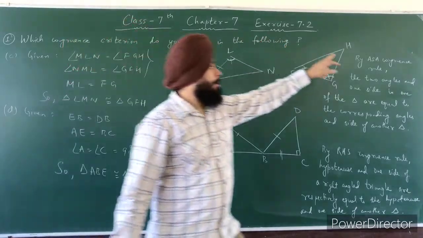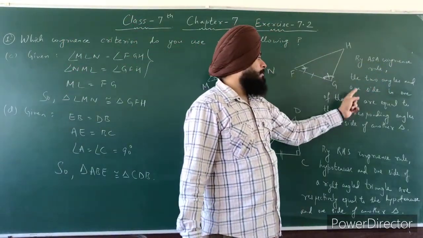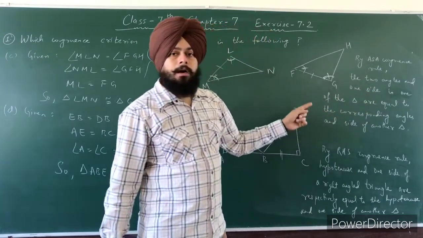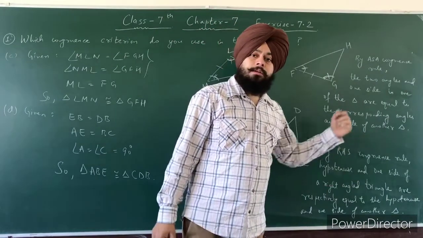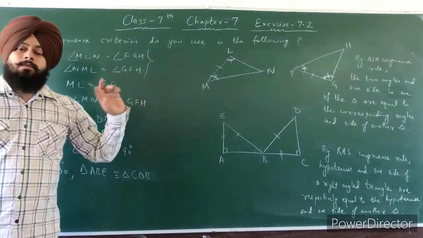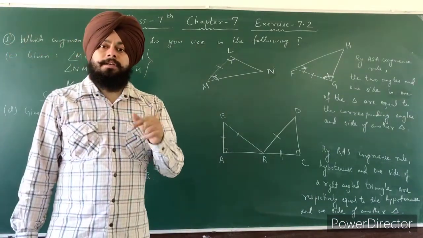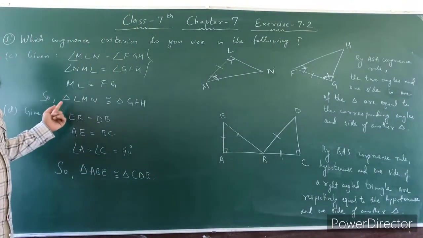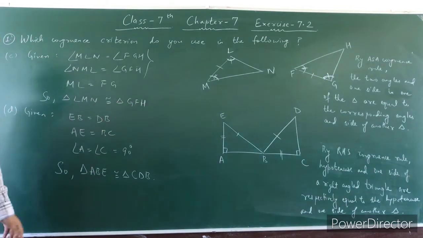So by ASA congruence rule, the two angles and the side in one of the triangles are equal to the corresponding angles and side of the another triangle. Alright. So there are two angles and one side given equal. That's why by ASA congruence rule, triangle LMN is congruent to triangle GFH.